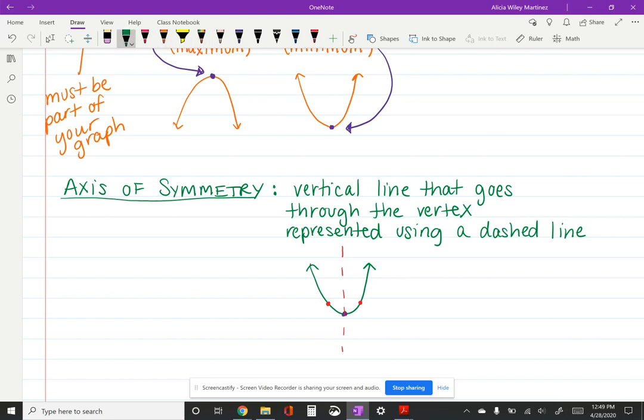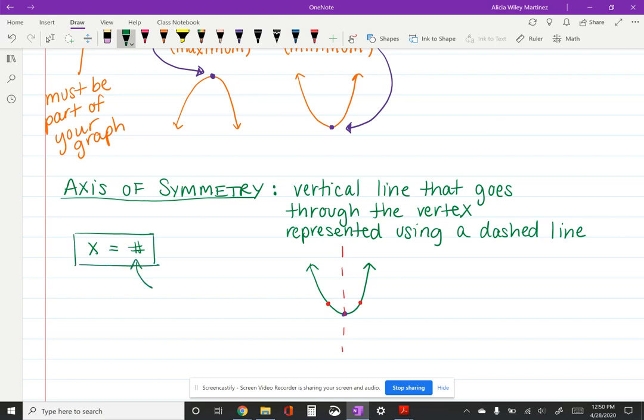Now, since the axis of symmetry is a vertical line, it is always written as an equation, where it's x equals some number value. Okay? Since it is a line, when we represent the axis of symmetry, we represent it as an equation. So this is what an axis of symmetry name will look like.